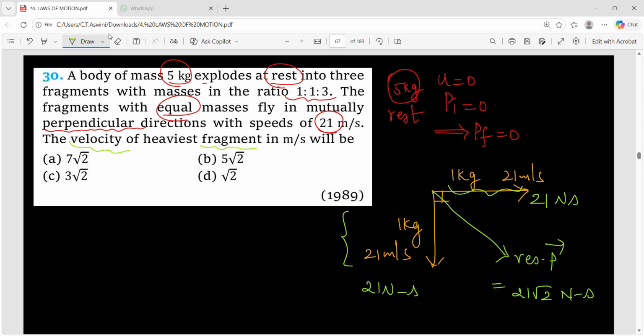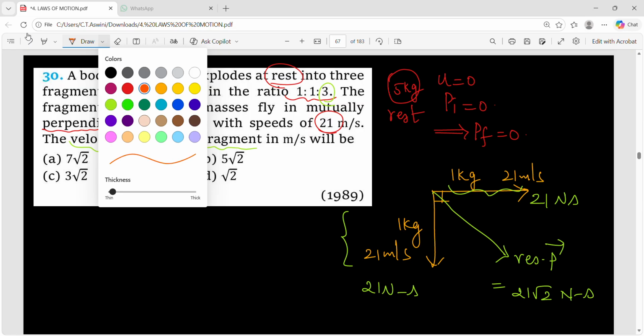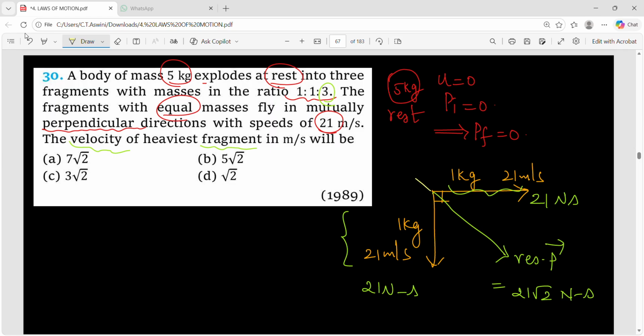The velocity of the heaviest fragment. Heaviest fragment is with the mass 3 kg. So what will be the direction of this 3 kg mass? It will be exactly opposite to the resultant. So this is the direction of the third part. Its mass is 3 kg. We have to find its velocity. Same concept.